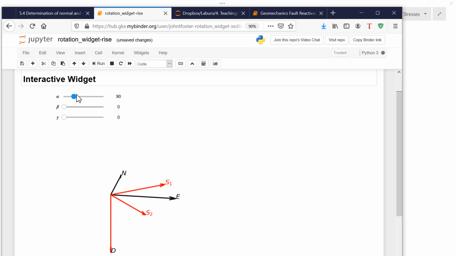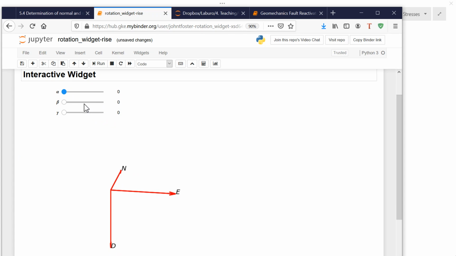So if beta and gamma are equal to 0, alpha tells me what is the angle between the north and S1. This would be the case for reverse faulting because S3 is vertical.